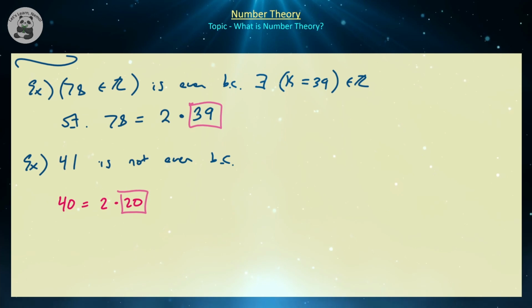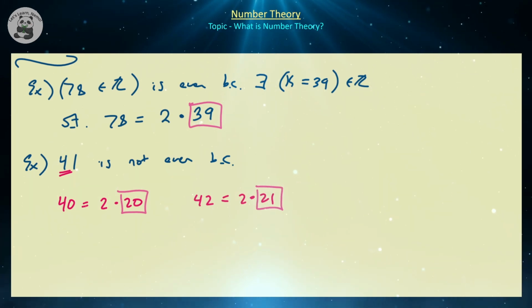And keep in mind that's the unique integer that represents 40. And also we have 42, the next number after the integer 41, and 42 is equal to 2 times 21. Right? So 21 is the unique integer that represents 42 and hence makes it even, right?